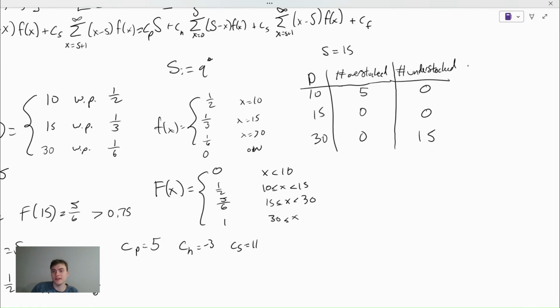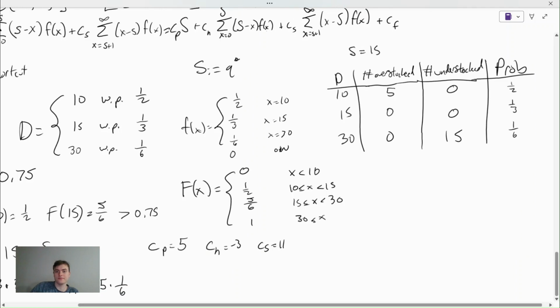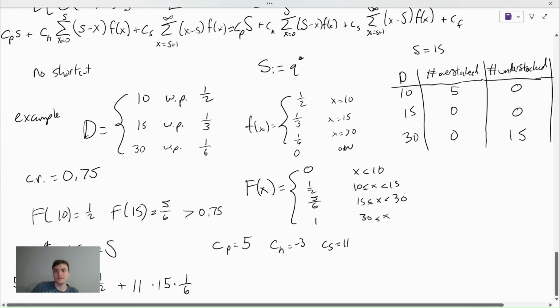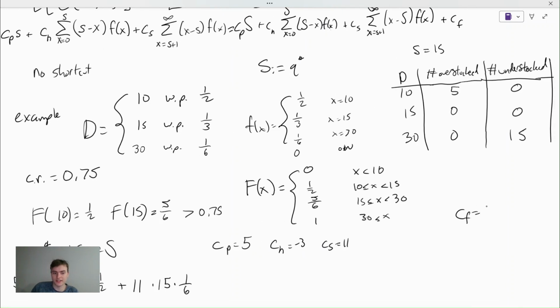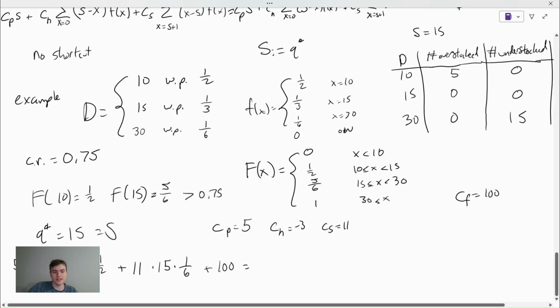Or maybe we make another column for probability, 1/2, 1/3, 1/6. And then we have our fixed cost would be a new value that hasn't been discussed yet. Let's say it is 100, then we would just add 100 here, and we would compute this out.